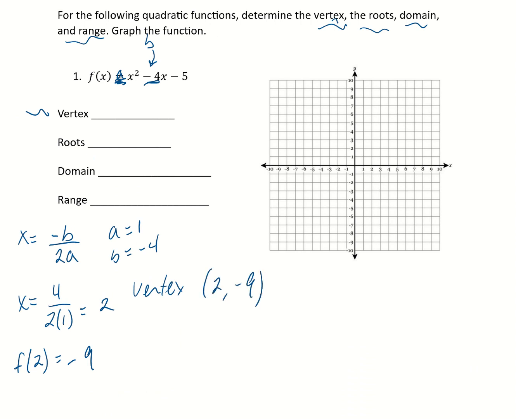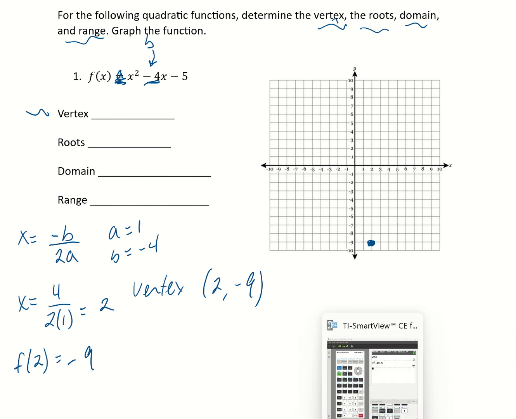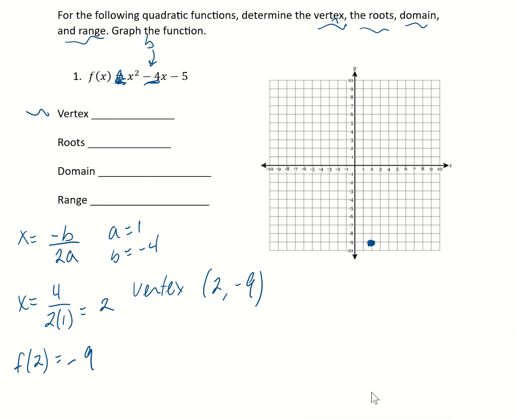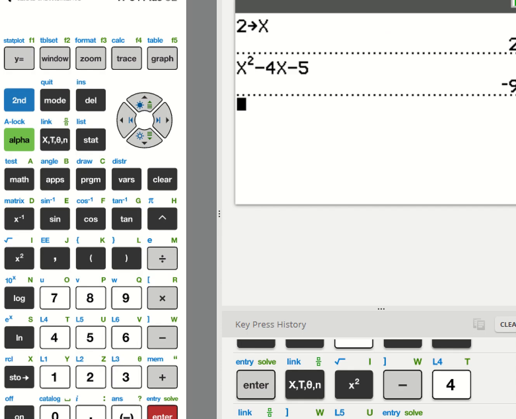So I'm going to graph that. So we go over 2, down 9, and that's my first point. Okay, now to finish graphing and to find the roots, here I'm going to put my vertex as 2, negative 9. Okay, now let's graph it.